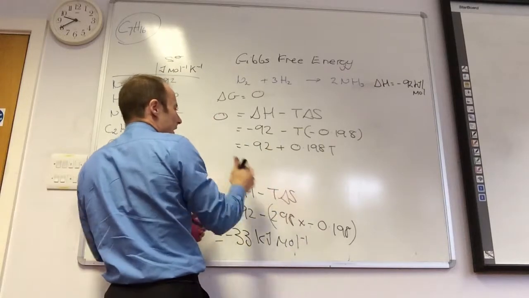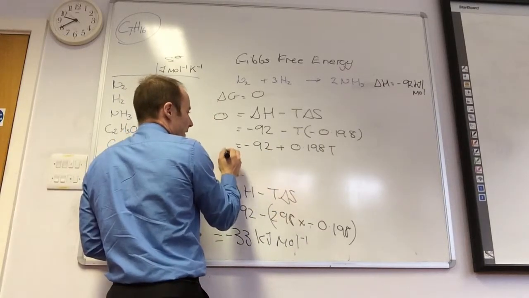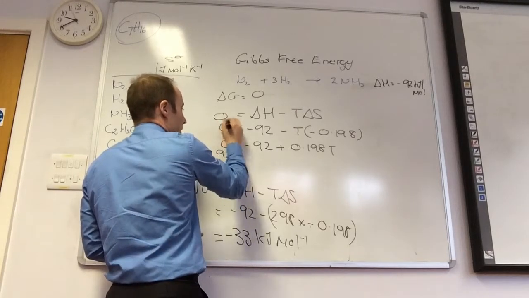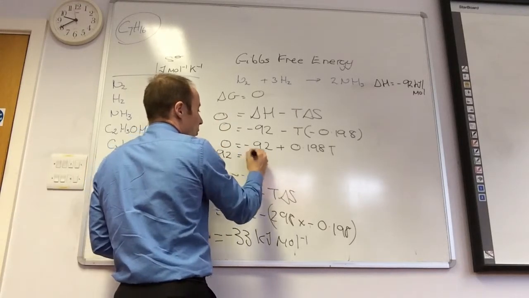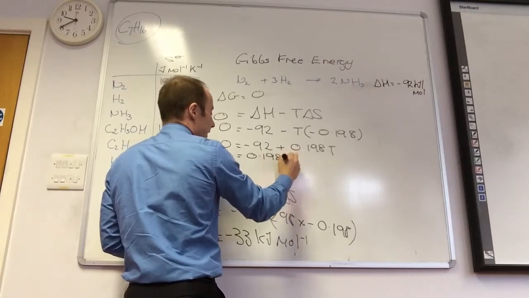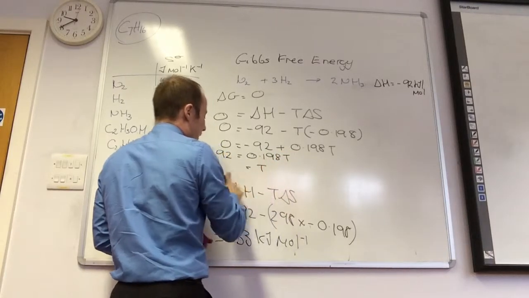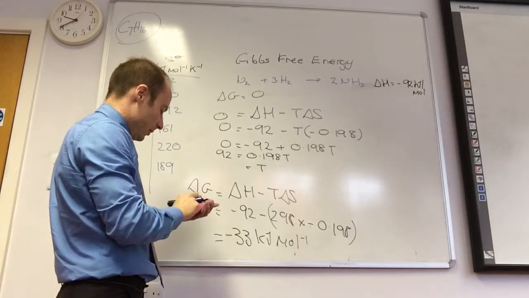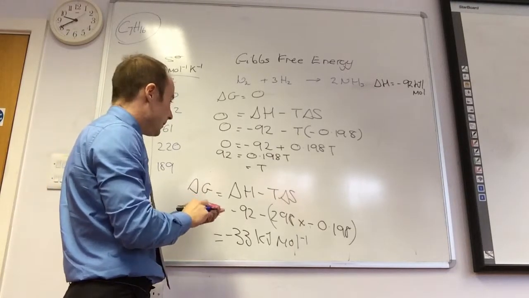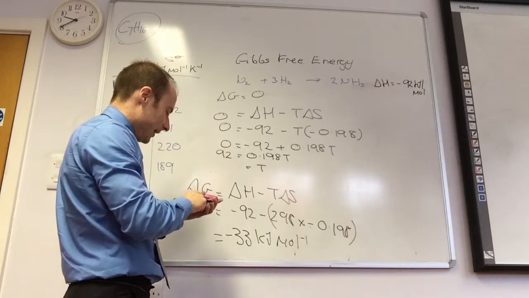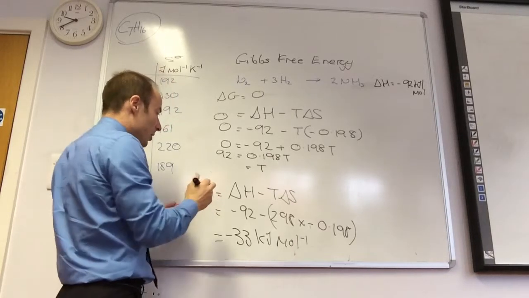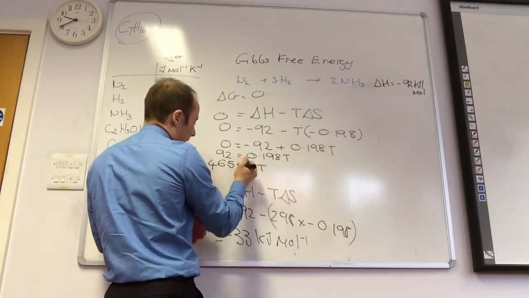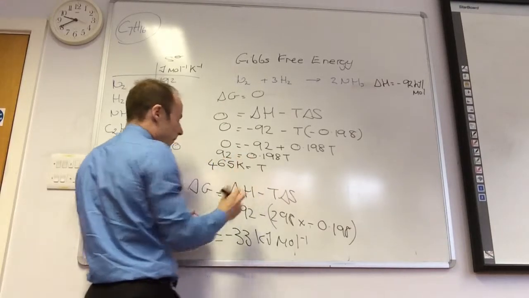If I rearrange that, I know that 92 is equal to 0.198 T, so T is equal to 92 divided by 0.198, which comes to 465, rounded to the nearest Kelvin.